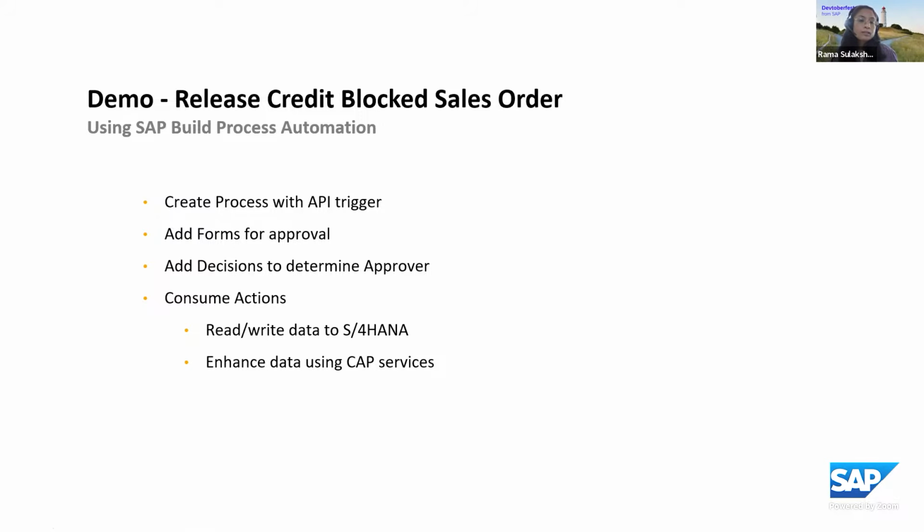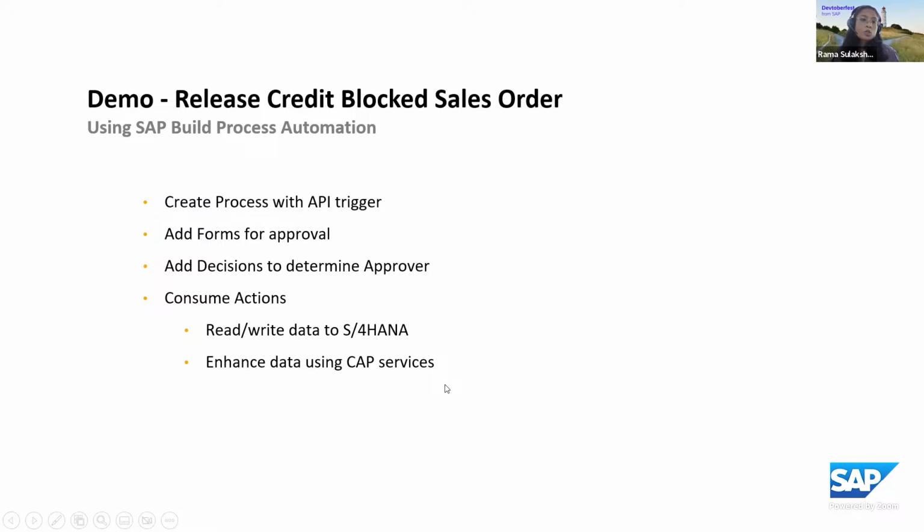What I mean is, we will be reading the sales order details from S4HANA, and at the end, once the request is approved for the credit block to be removed, we will be writing the status back to S4HANA. In the process, we will also be using actions on the CAP services.